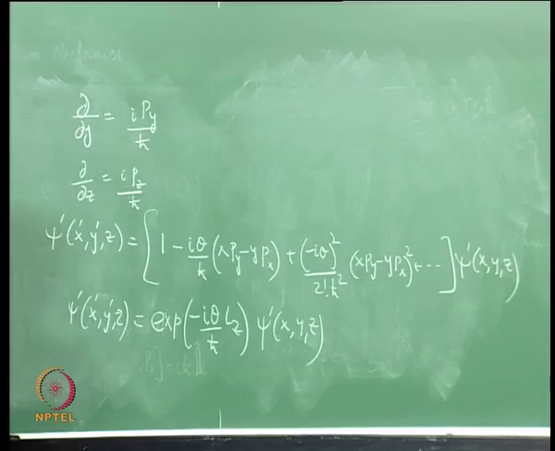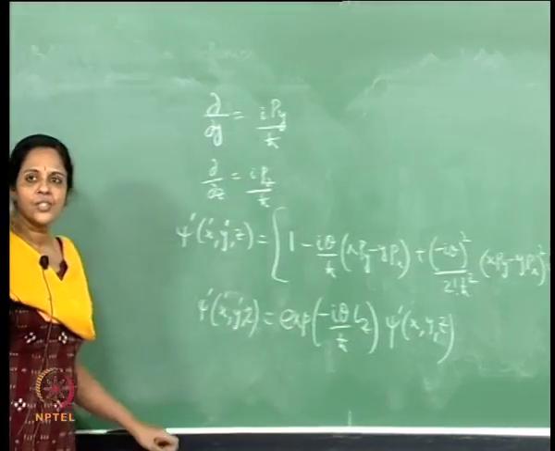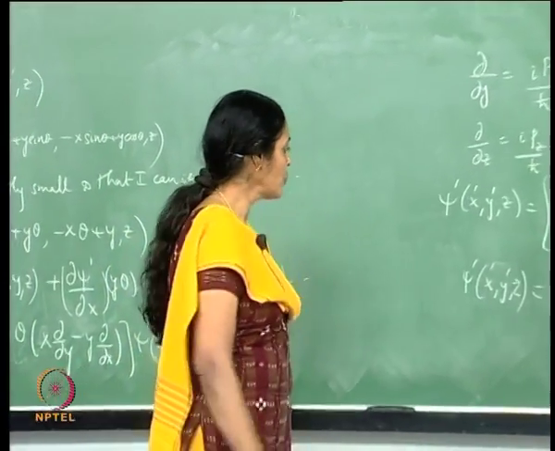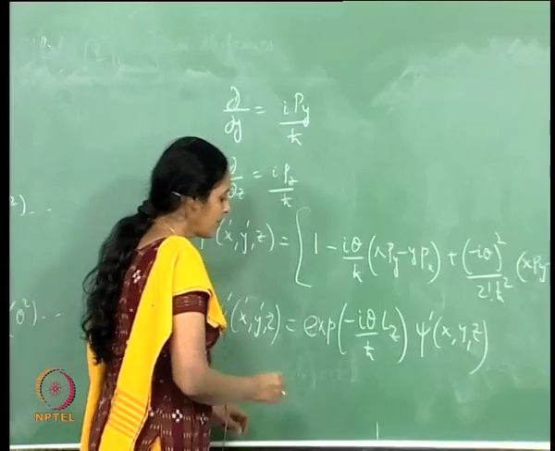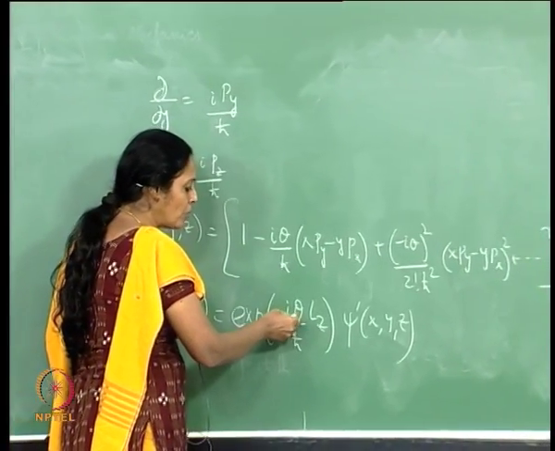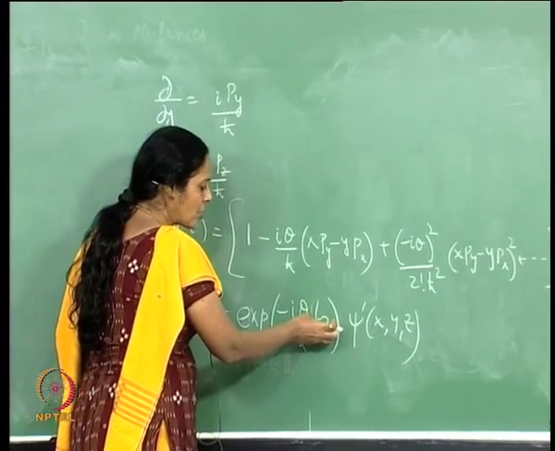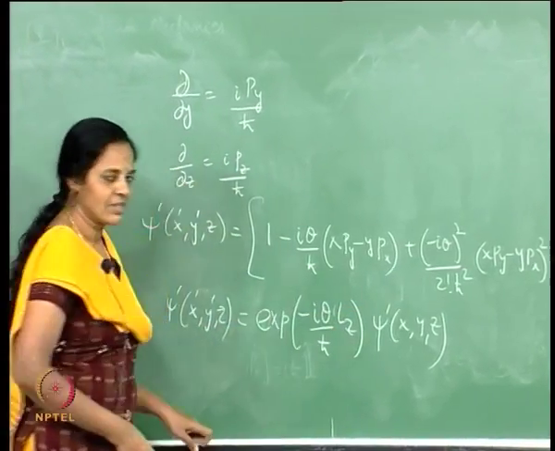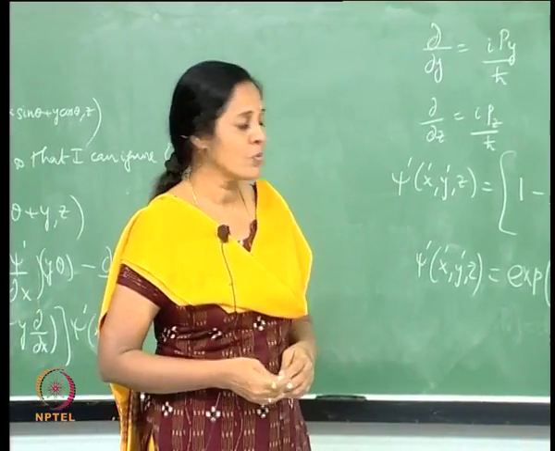This is a very important result. First of all, this should strike a bell. It should remind you of the manner in which the spin matrices behaved. This theta is like the group parameter. Lz is the generator of the transformation about the z axis. In this case, orbital angular momentum is the generator of space rotations.